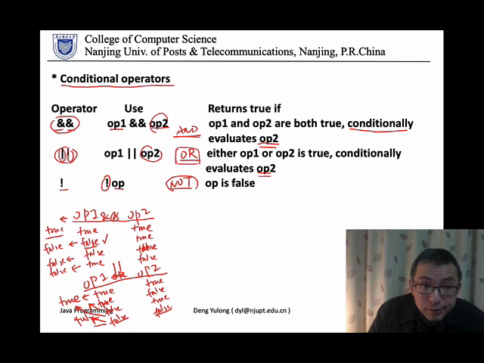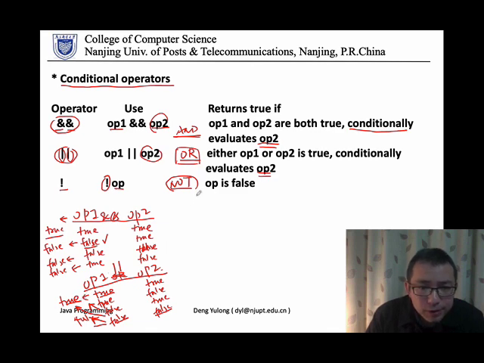And we look at this double bar, this OR operation, with the same two operands. If the first operand is true, in this situation the second operand will not be evaluated because whether the second operand is true or false, the result is always true.